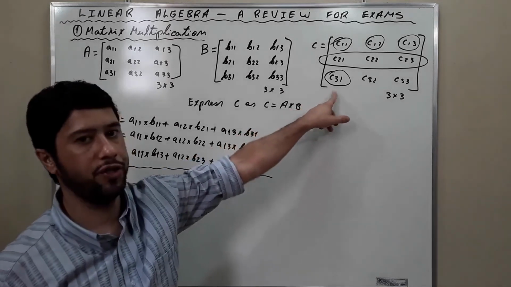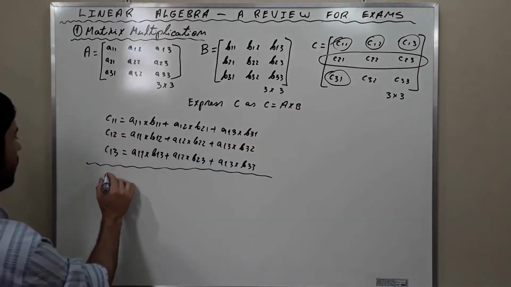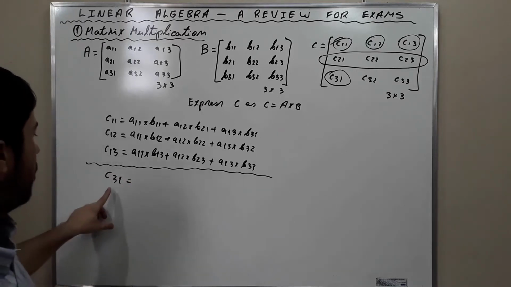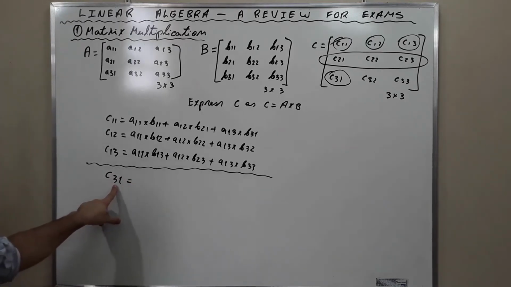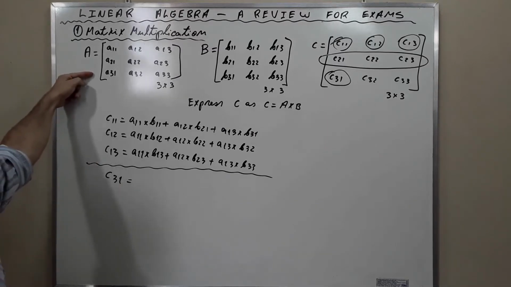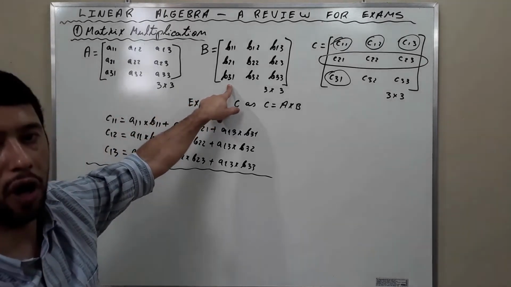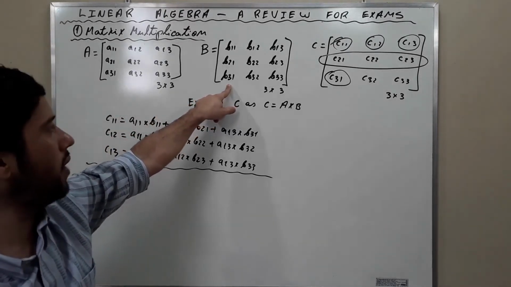Let's do for C31. C31 is going to come from the multiplication of the third row of the first matrix by the first column of the second matrix.